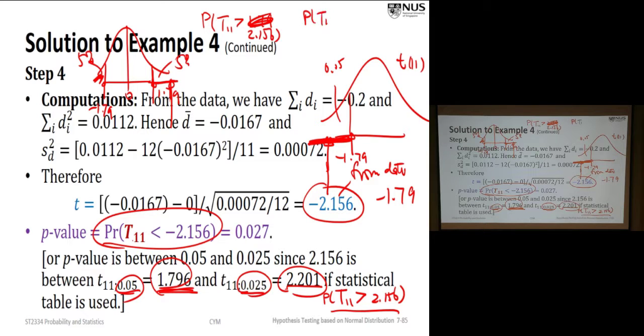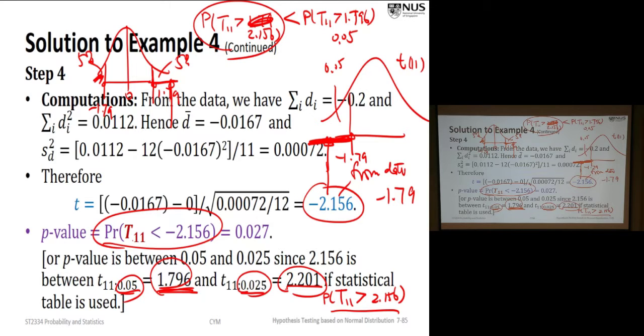Compare these two probabilities. Which one is bigger? The same random variable: one is bigger than 2.1, and the other is bigger than 1.79. Which probability is bigger? Of course, this is smaller and this is bigger. And this is 5%. So this must be less than 5%.